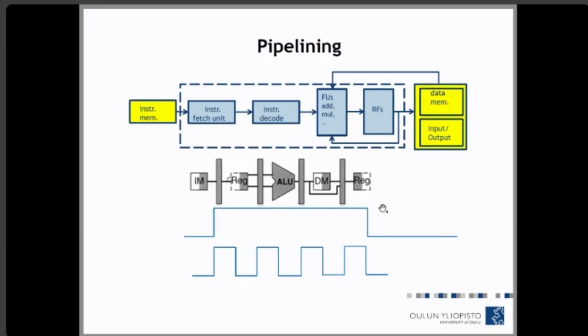So basically, we break down a clock period into smaller periods, and then we make these stages independent of each other by putting some registers here, some flip flops.